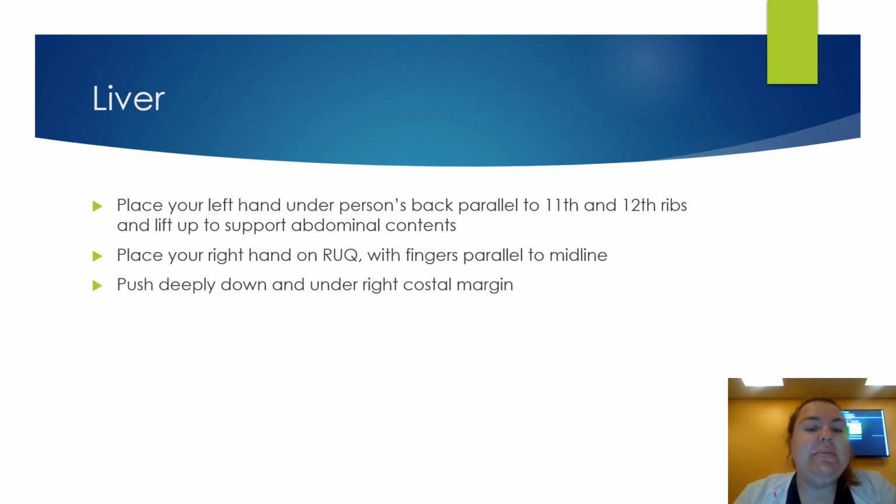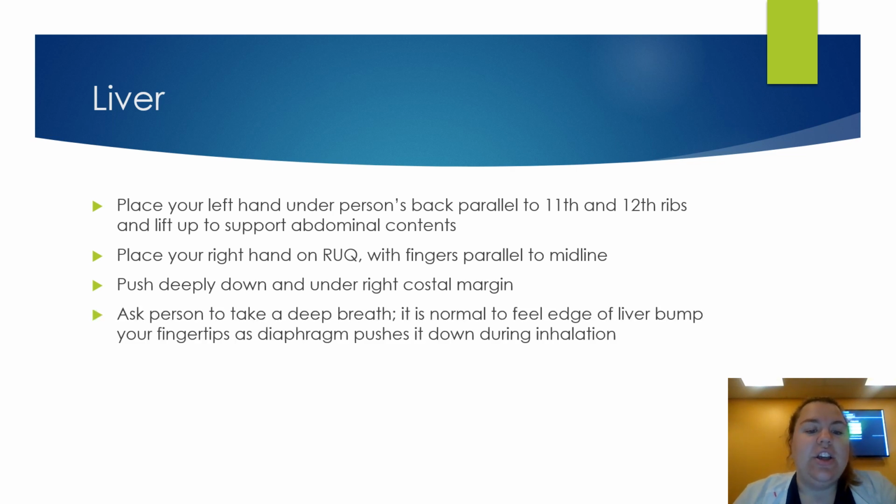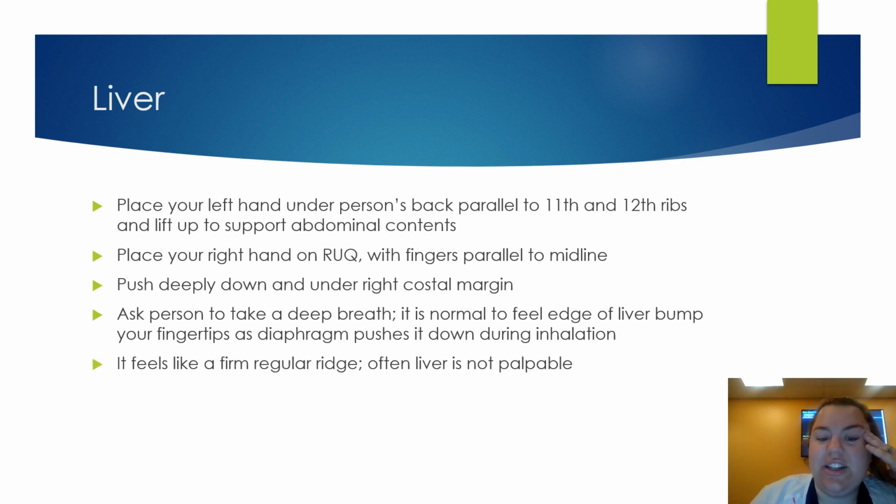You're going to push deeply down, under the right costal margin. You'll have your patient take a deep breath, and it's normal to feel the edge of the liver bump your fingertips as the diaphragm pushes it out during inhalation. It should feel like a firm, regular ridge, but often the liver is not palpable.